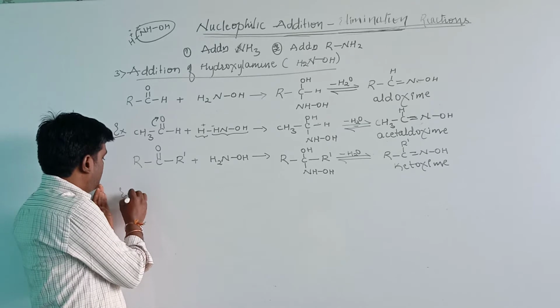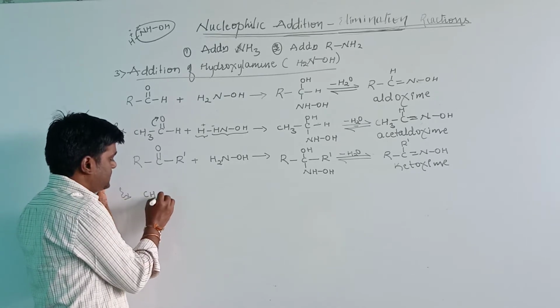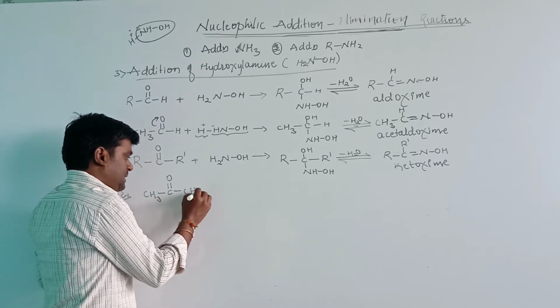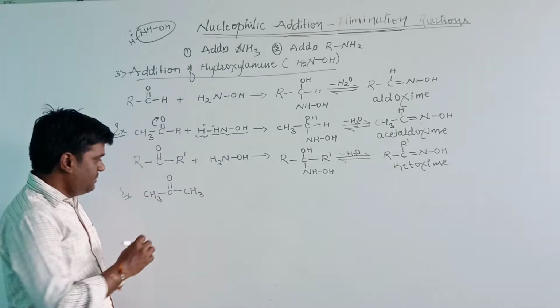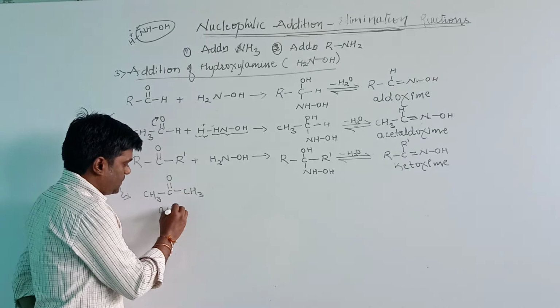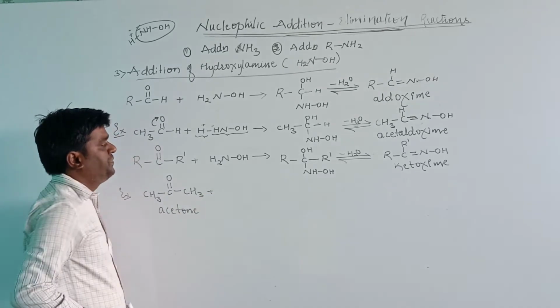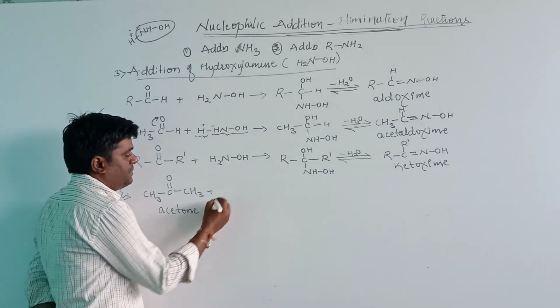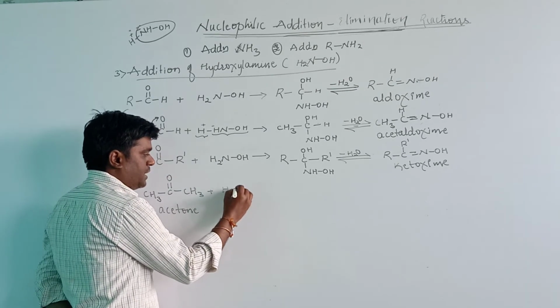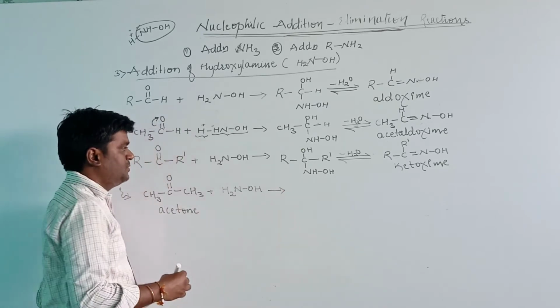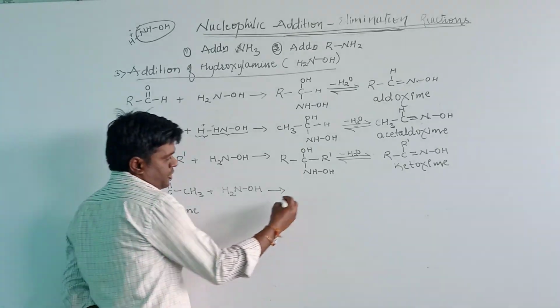That is, example here CH3 C double bond O CH3. The name of the compound is acetone. When acetone reacts with hydroxylamine, that is H2NOH, then it will give the addition product. Addition product is here.